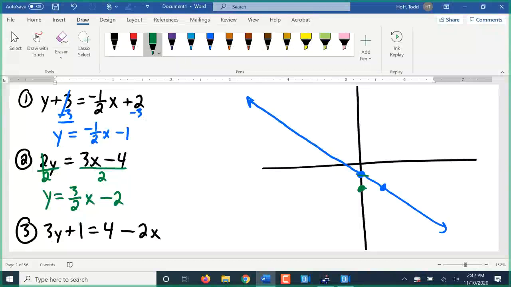So that's where this line begins. And I have a slope of 3 over 2. So from that point, we rise 3, we run 2, and there's our second point. So our line goes through those. Like that.